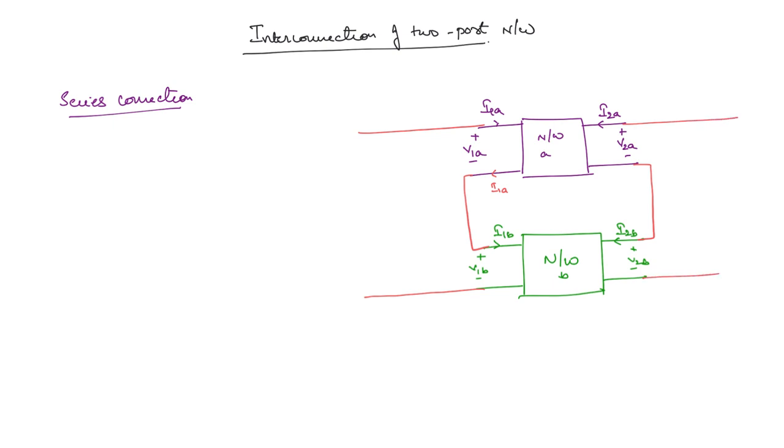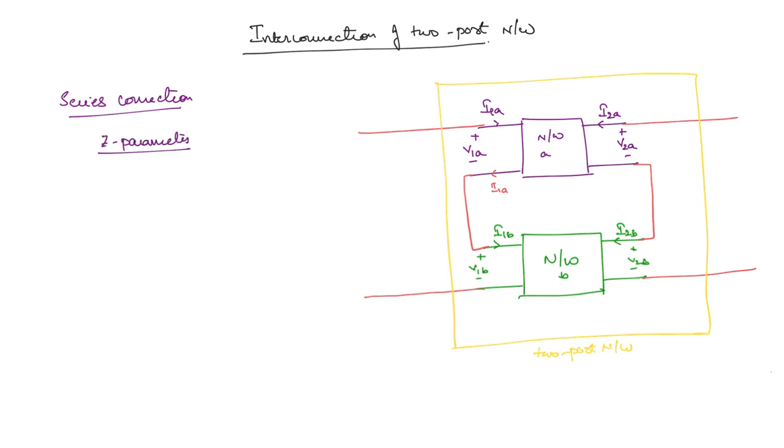Okay. So that means this entire part of the network we will consider as a single two-port network. And what are the parameters of this single two-port network? We cannot relate all of the two-port networks, but in a series connection, the easier parameter to deal with is the Z parameters or the impedance parameters.